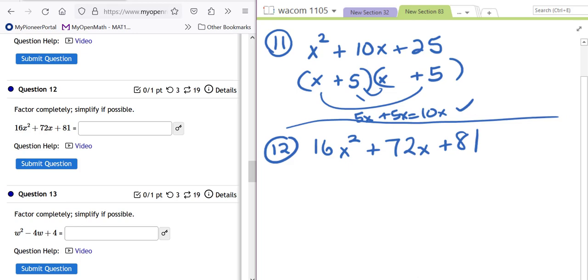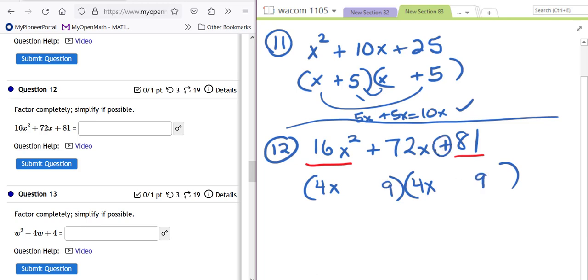But hopefully what you would notice is this is a perfect square. Square root is 4x. 81 is a perfect square. The square root is 9. So this is a good candidate. We'll have to check for the middle, but it is a good candidate for a perfect square trinomial. That is so much easier than going to trial and error or our other method.